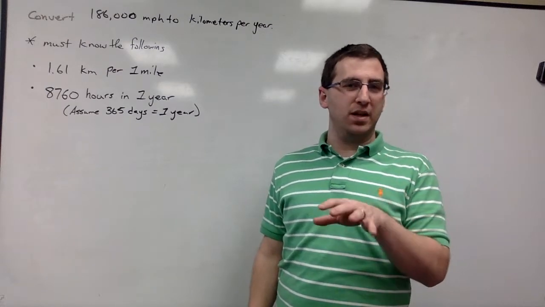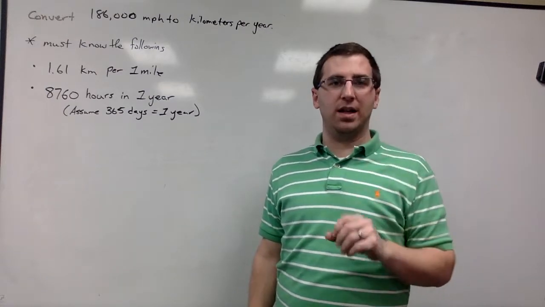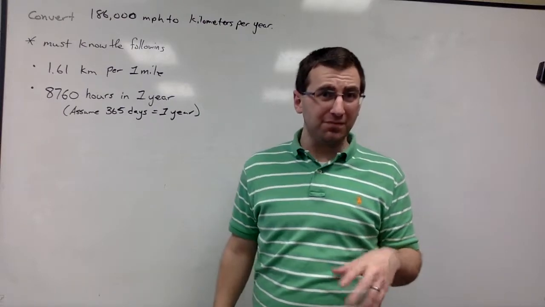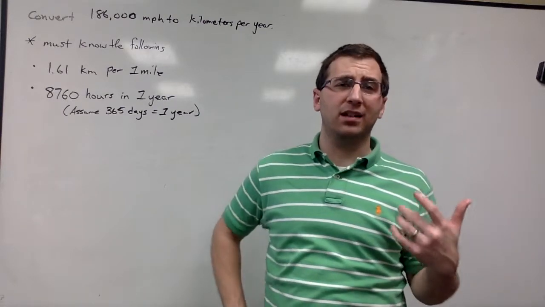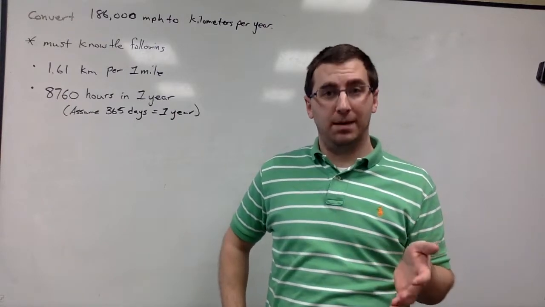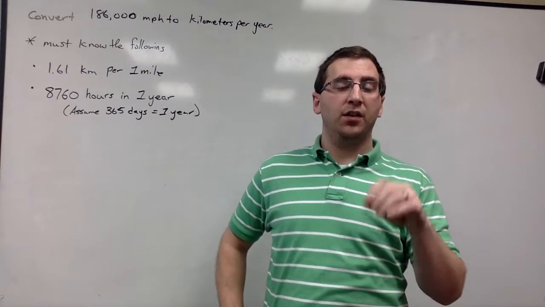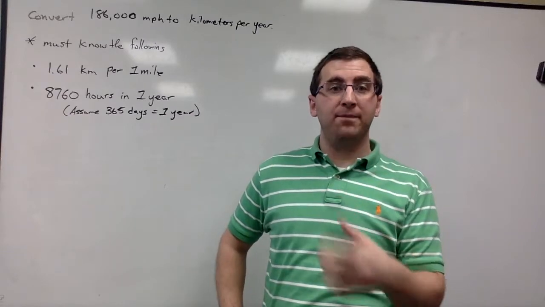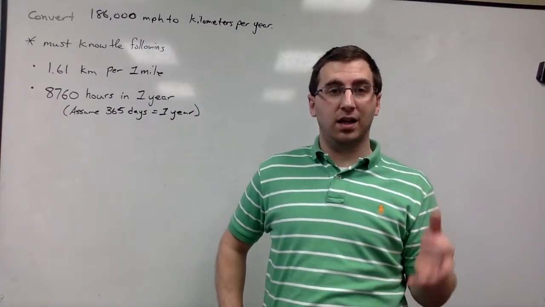The hours in 1 year is a little tricky to find. I'll show y'all how I found that one. But the 1.6 kilometers for every 1 mile, that one is located in your conversion tables. Okay, that one's in there. So for every mile that we have, there's 1.61 kilometers.